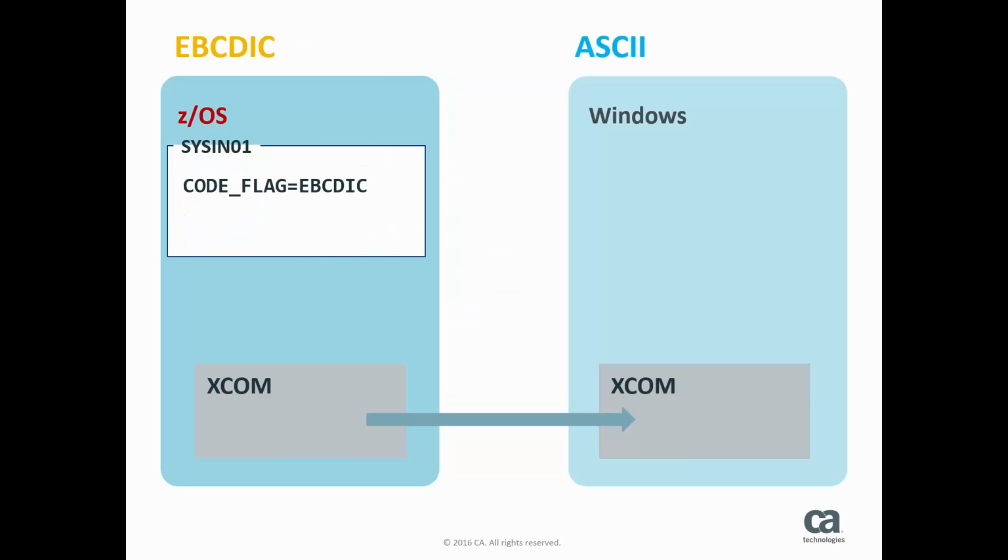Now let's look at the other side. We transfer a file from z/OS to Windows. In the DD card SYSIN01 of the transfer job, we need to code FLAG=ASCII to get the file converted into ASCII code. This looks strange, but we need to view it from the ASCII side regardless of where the file is sent from.